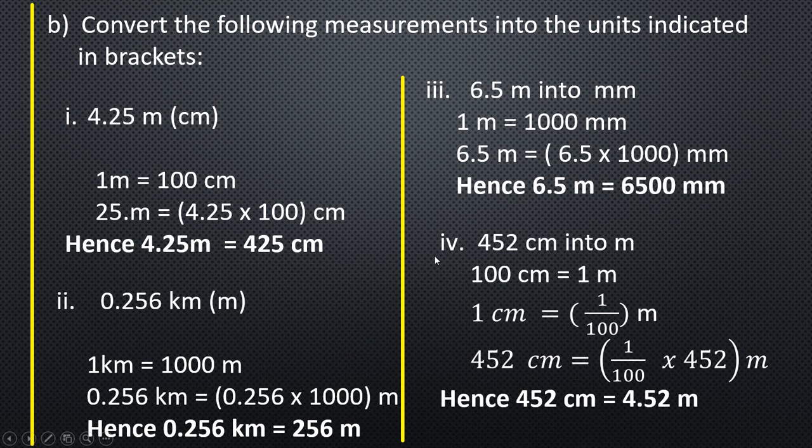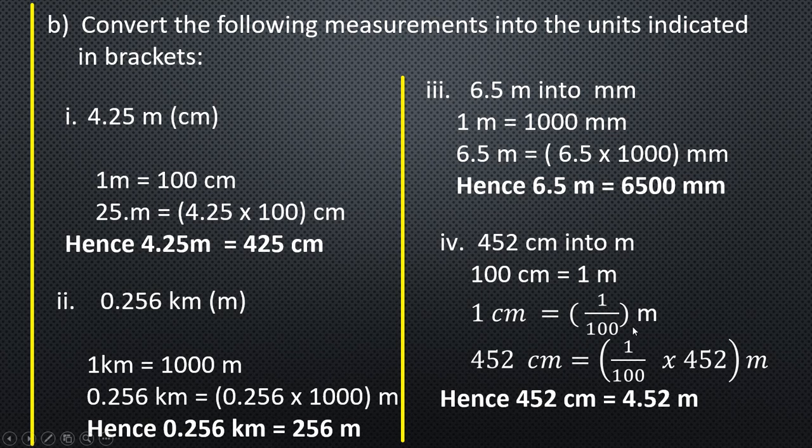And then our last example here, we look at changing now from centimeters to meters. In the first question here, we said 1 meter is equal to 100 centimeters. Now we are coming from centimeter going to meter. So here I say 100 centimeters is equal to 1 meter. How about 1 centimeter? We get 1 divided by 100 first.